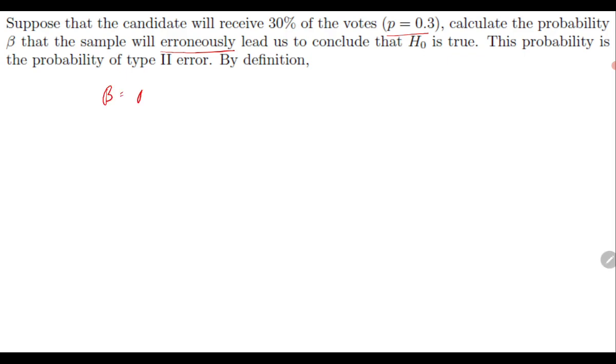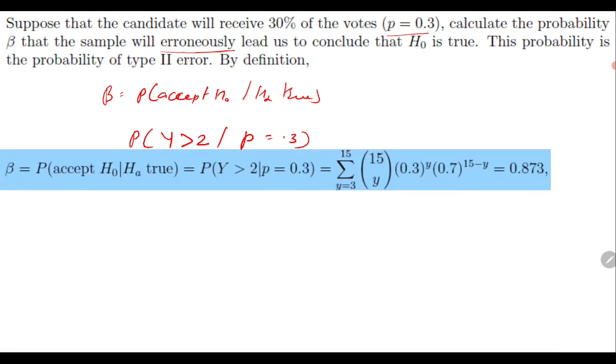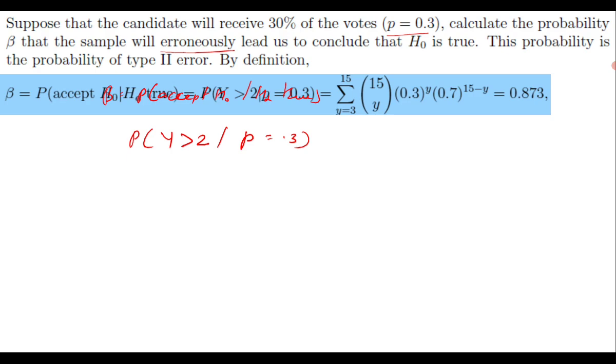So beta is the probability that you accept H naught when it is not true. The rejection region was y less than or equal to 2, so the acceptance region is y greater than 2 when the probability is 0.3. Again, you know y is binomially distributed, so this probability can easily be computed.